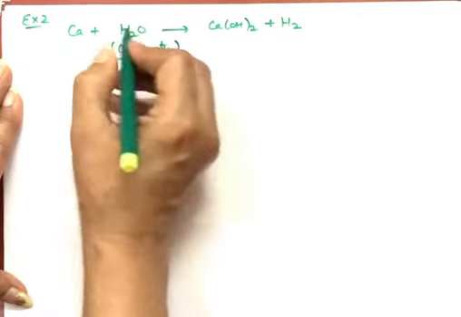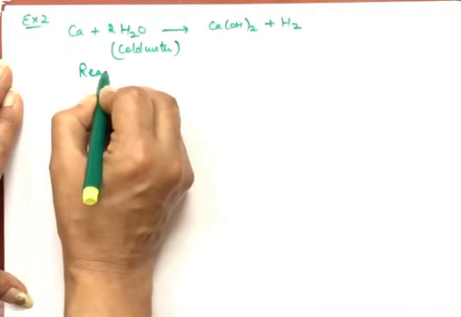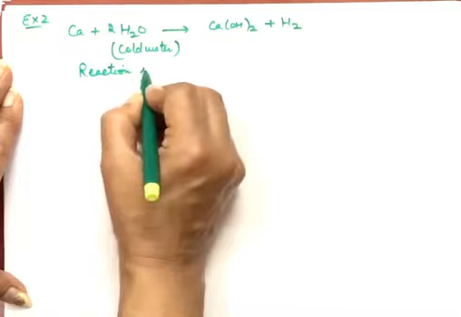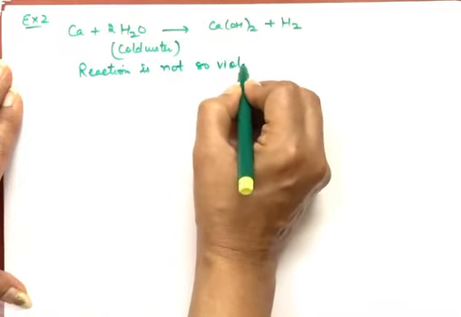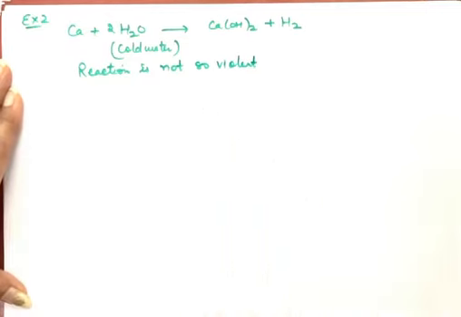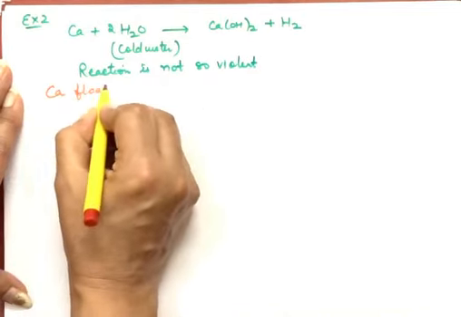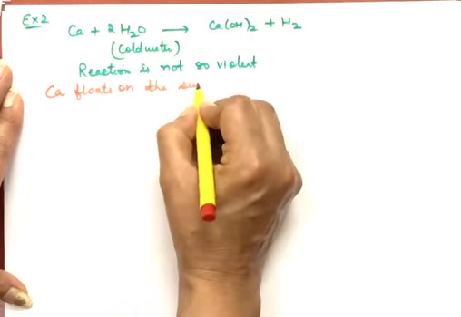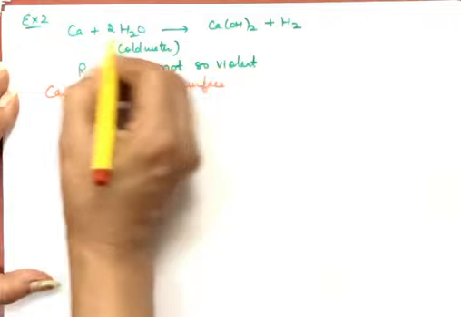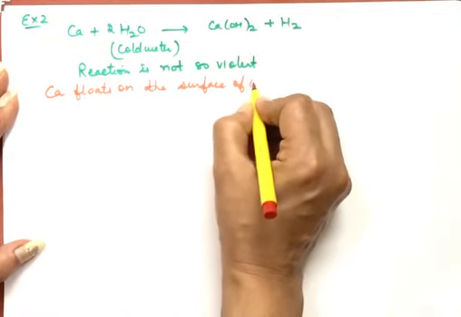With cold water only it can react, but the reaction is not so violent. But one thing I'm adding here is that calcium floats on the surface of water. So when we are doing this reaction of calcium with water, calcium floats on the surface of water.